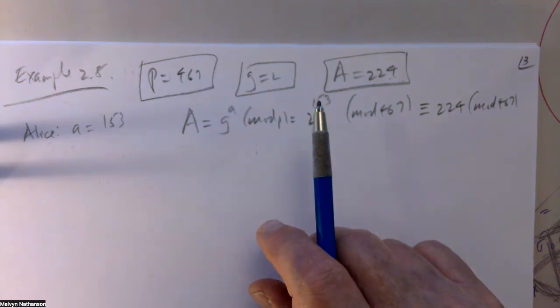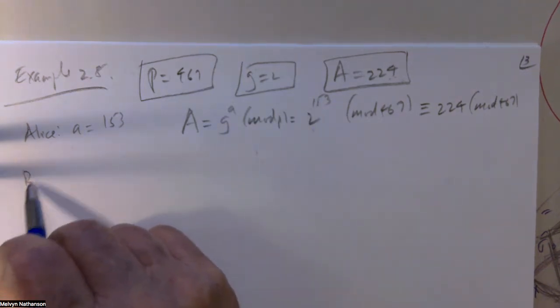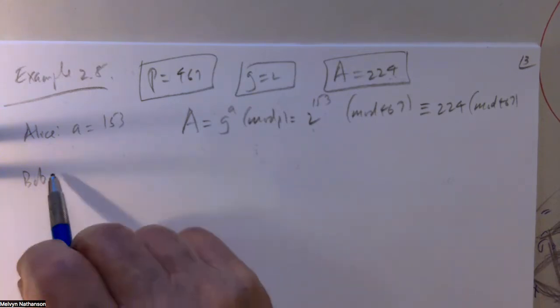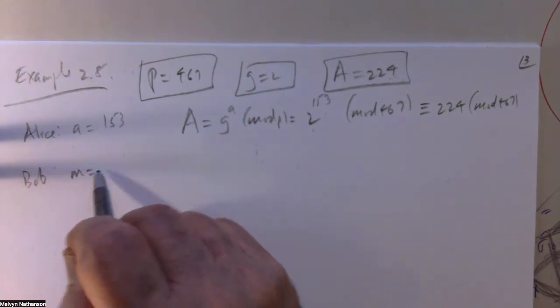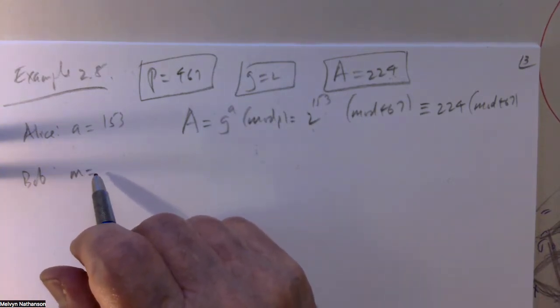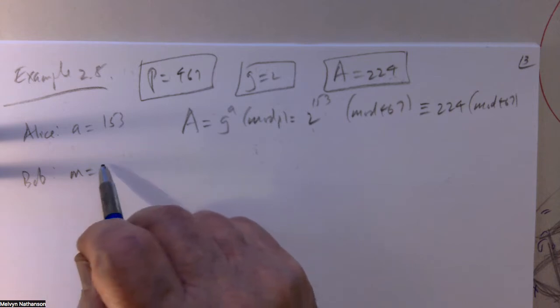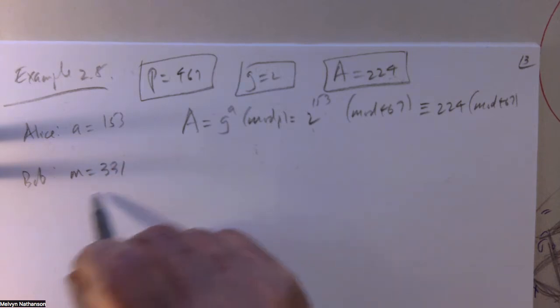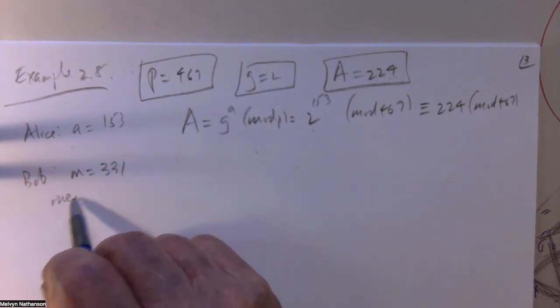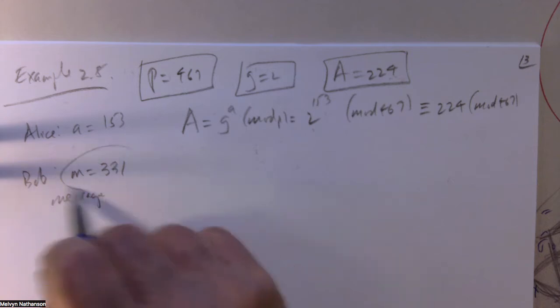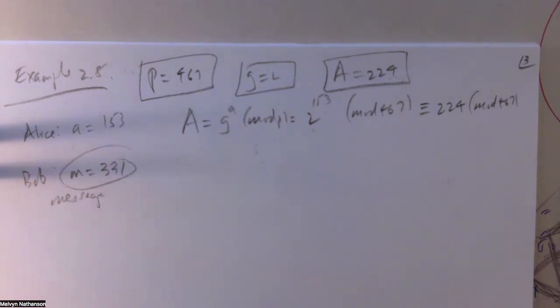Okay. So Bob has a message he wants to send to Alice. Every message is a number. So let's say Bob wants to send the number M equal to 331 to Alice. So this is the message. So what does Bob do?